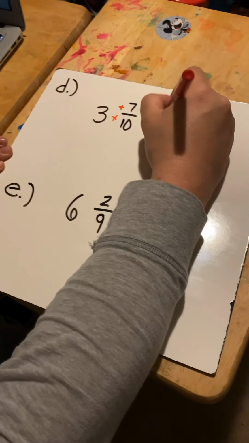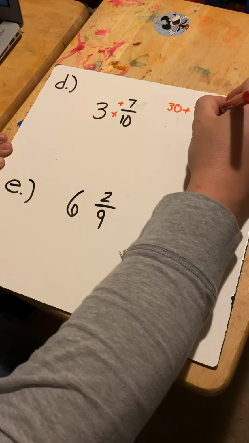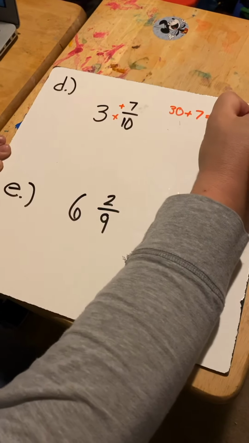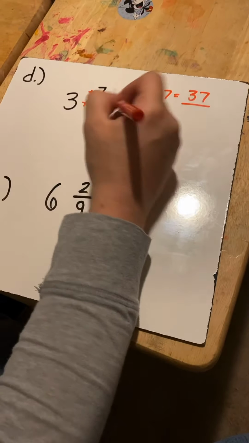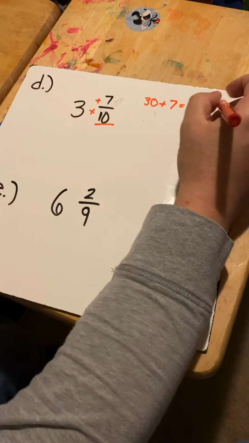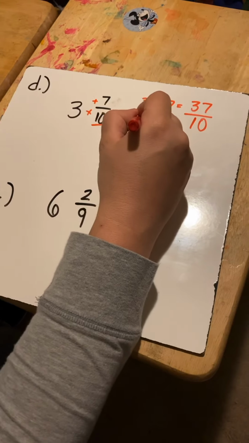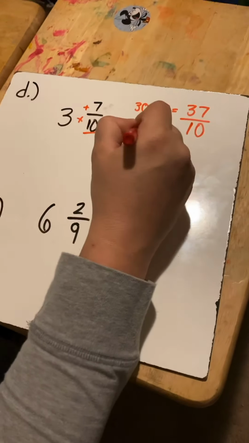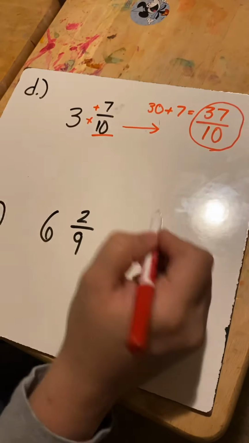So I have 30 plus 7 equals 37. And now the D in getting mad means my denominator stays the same. What's my denominator? It's a 10.